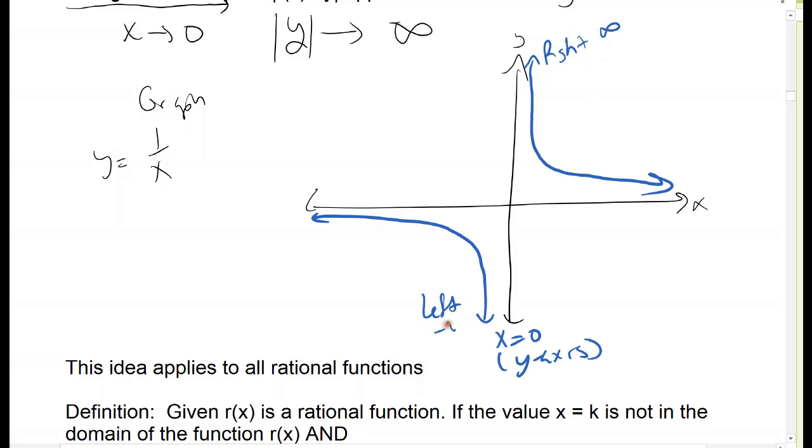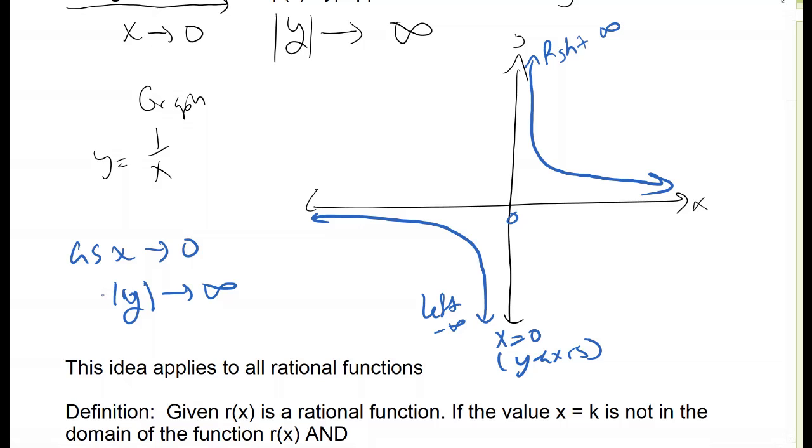To the left, it's shooting off to negative infinity. As the x values get closer and closer to 0, the right side goes off to positive infinity and the left side goes off to negative infinity. So as x goes to 0, my y values shoot off to infinity. The absolute value means one side goes to positive and one side goes to negative.